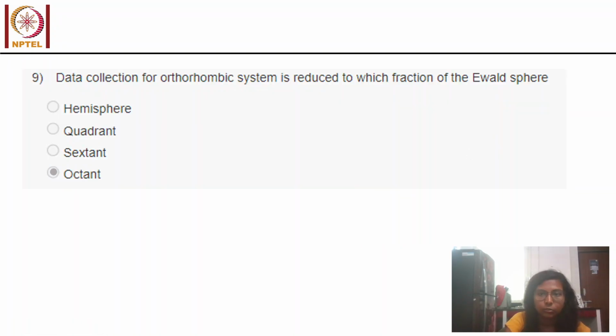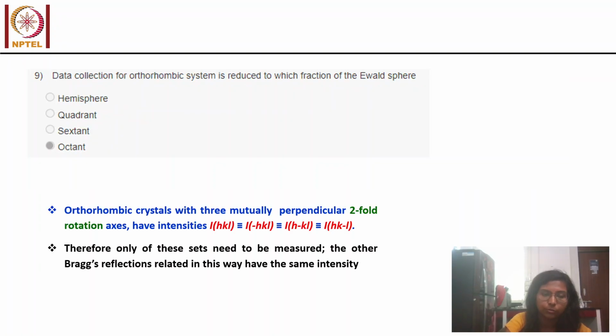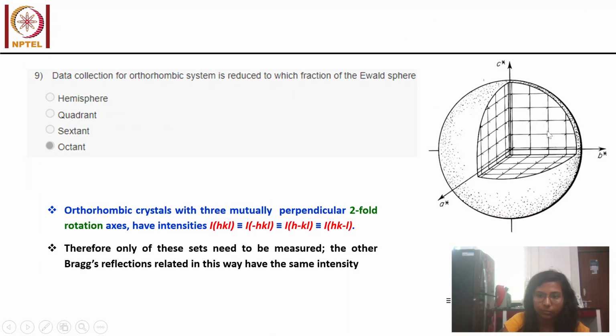Okay. So now this question: what will be the data collection for the orthorhombic system? To understand this, we will come here. So this is an orthorhombic system. If we look at the crystal systems, we first have the triclinic, where there is no symmetry.